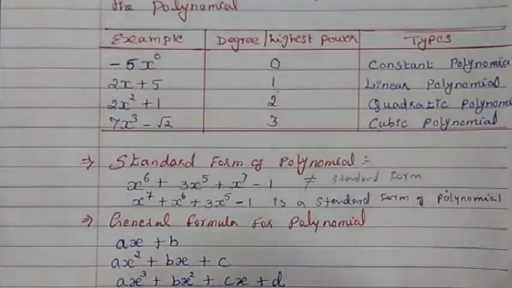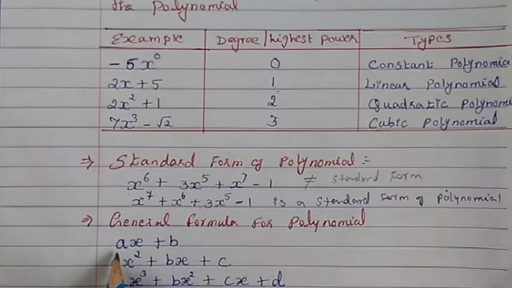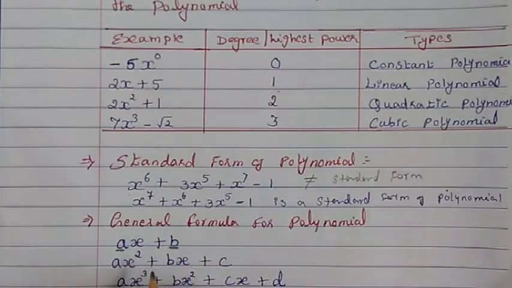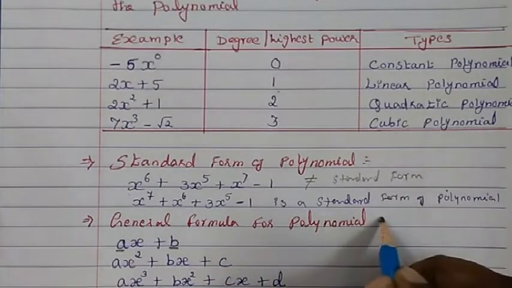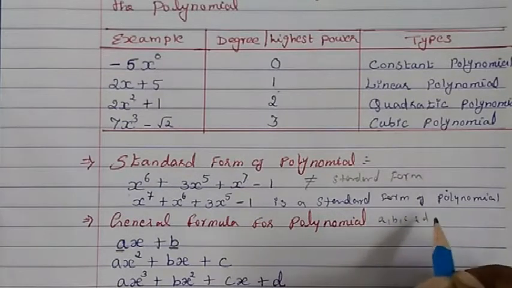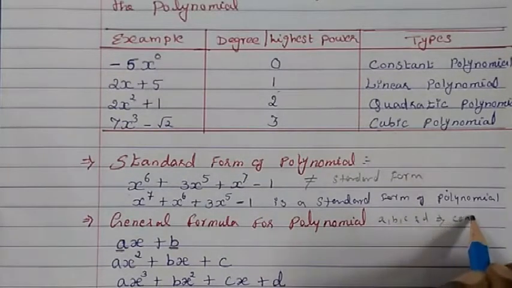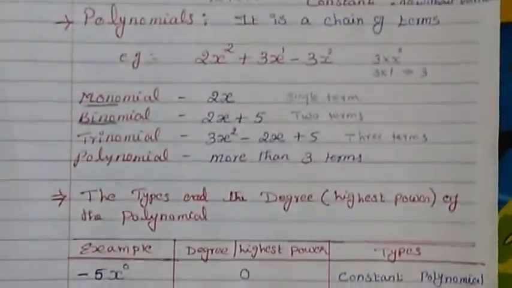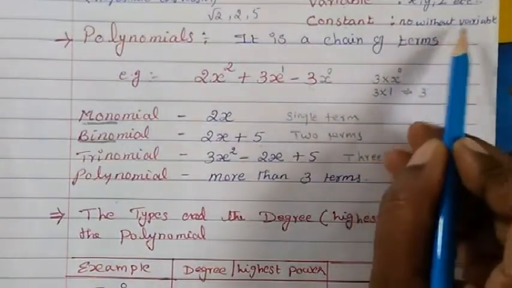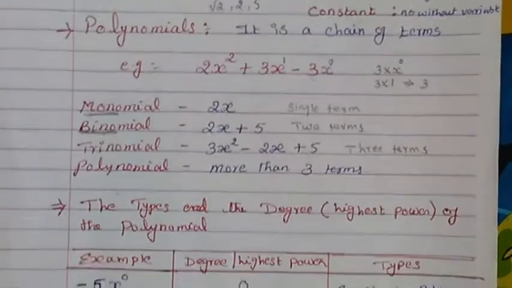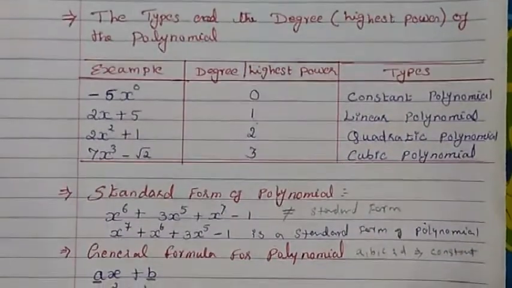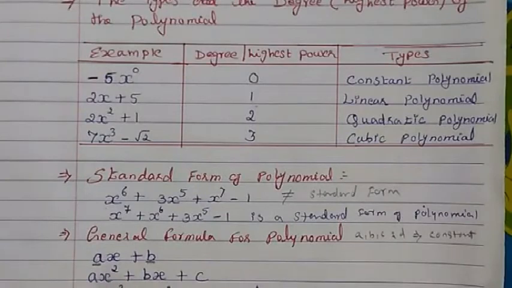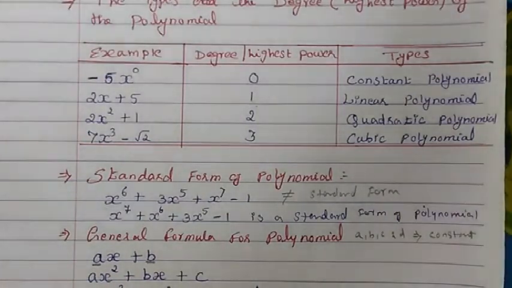Now next, the general form of a polynomial. The general form is normally written like this. Here A, B, C and D, whatever they are, are known as constants. Constant, as I told you already, means a number without a variable.